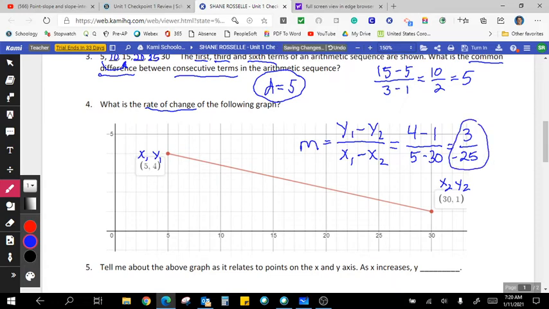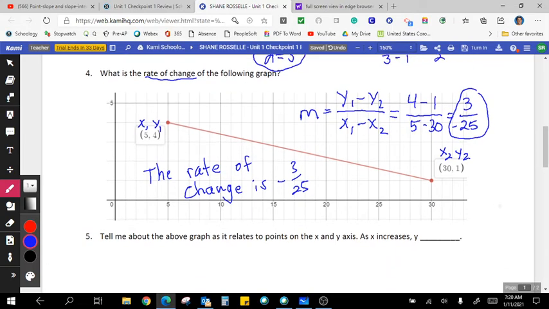So we can write it out as the rate of change is negative 3 over 25. Okay, so we're going to go down 3 and to the right 25.